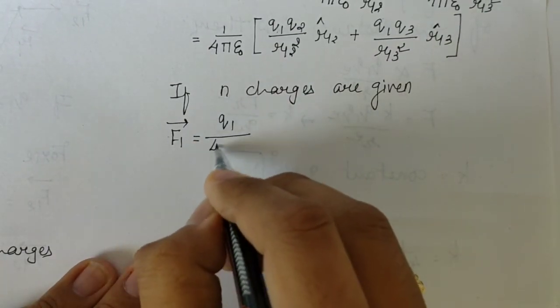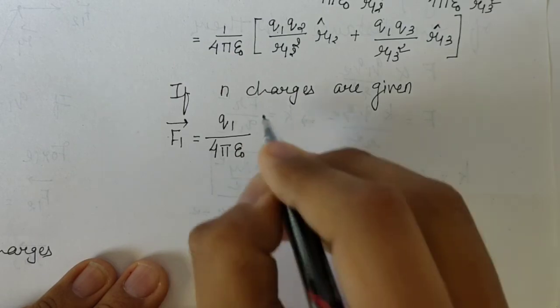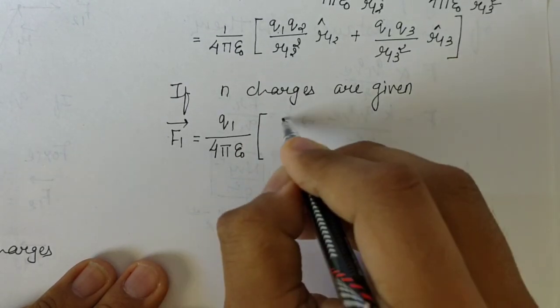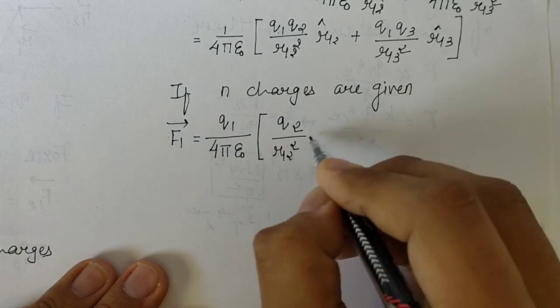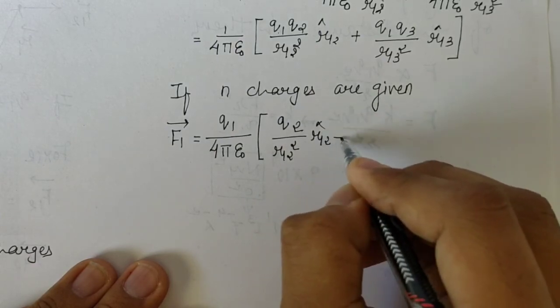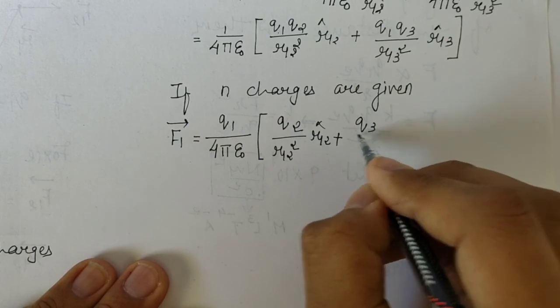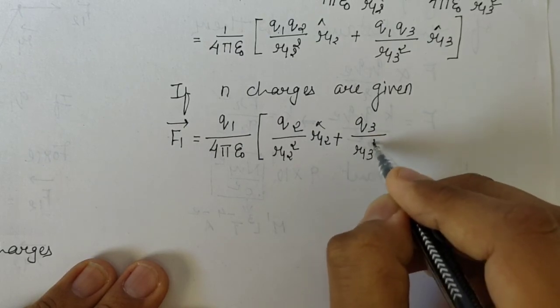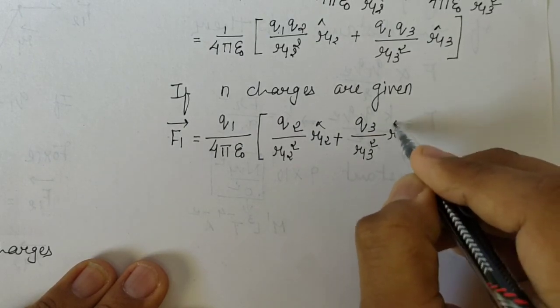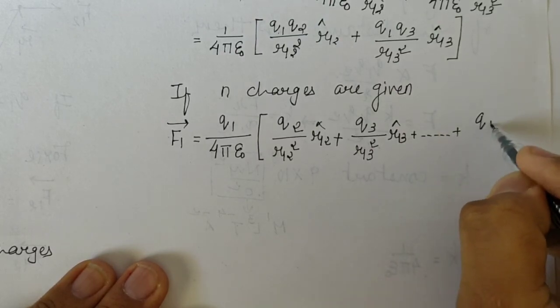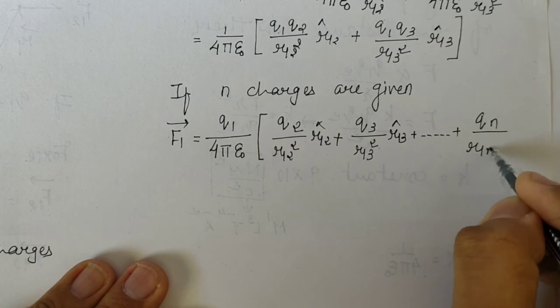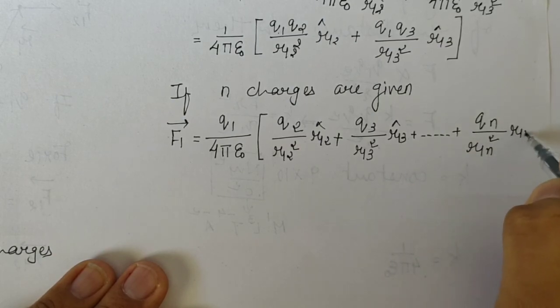The force on Q1 is Q1 times Q2 divided by R12 square R12 caret plus Q3 divided by R13 square R13 caret plus dot dot dot plus Qn divided by R1n square R1n caret.